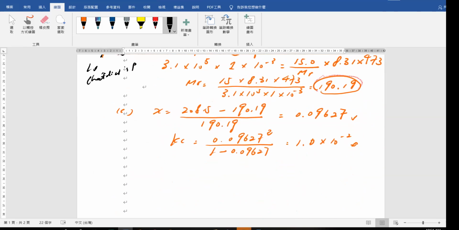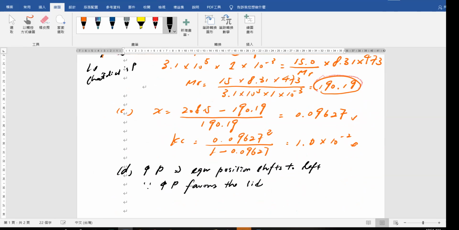So you can write it down: increase the pressure, equilibrium position shifts to left, since an increase in pressure will favor the side with fewer gas molecules. Okay, and right now your LHS, the left-hand side, has fewer gas molecules.